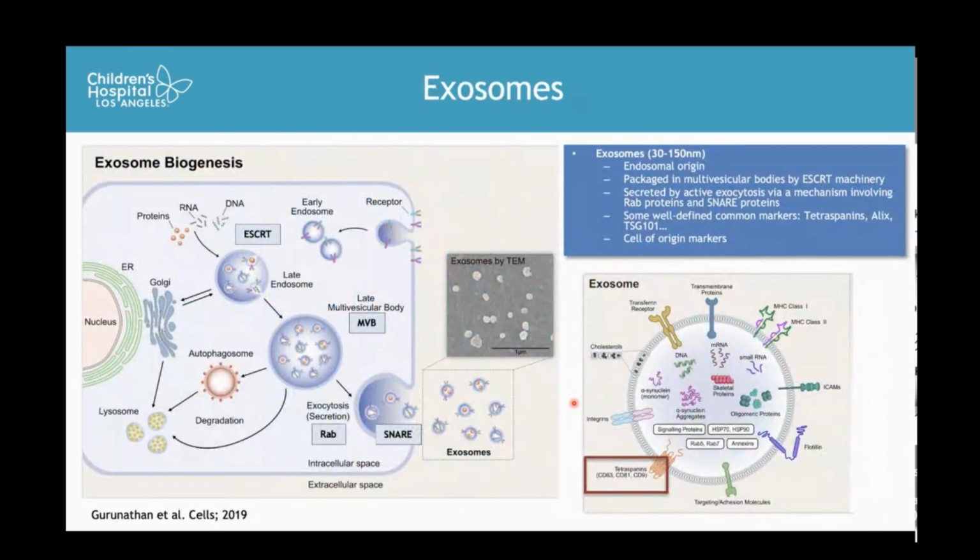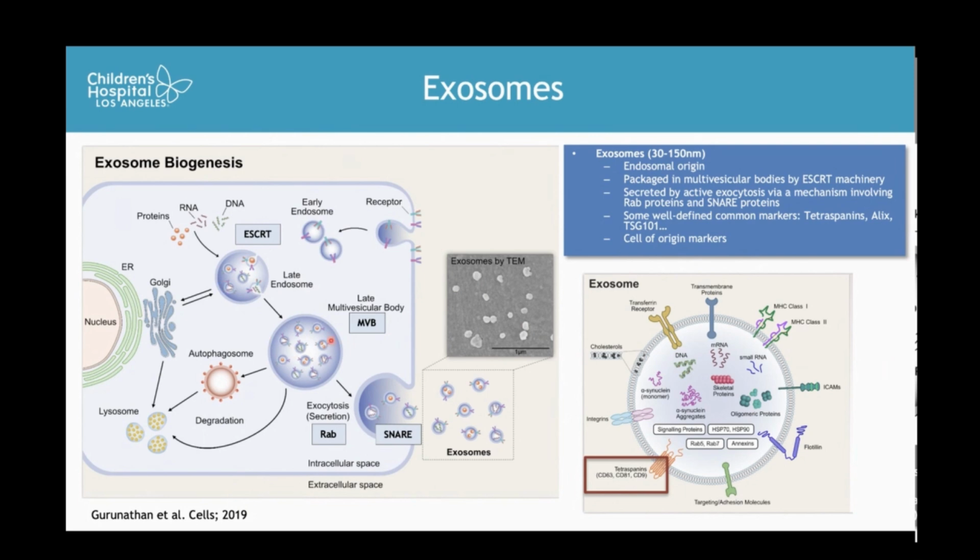It is known that exosomes are of endosomal origin. They are packaged inside the cells in late endosomes by protein complexes called ESCRT, which are able to sort specific proteins, RNA, DNA, and molecules that are then packaged inside endosomes in intraluminal vesicles of the size between 30 to 150 nanometers.